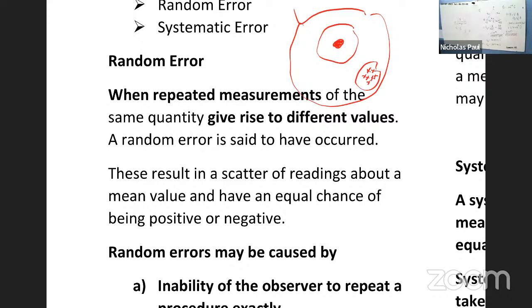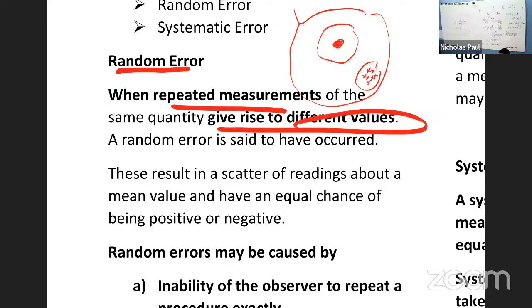So what it's saying here is that a random error is when repeated measurements give rise to different values. If you do an experiment and you get a value here, then here, then here, and they're scattered, then you know you have large random errors. If you do the experiment and all the values are close together, it means you have small random error, but probably large systematic errors, right?